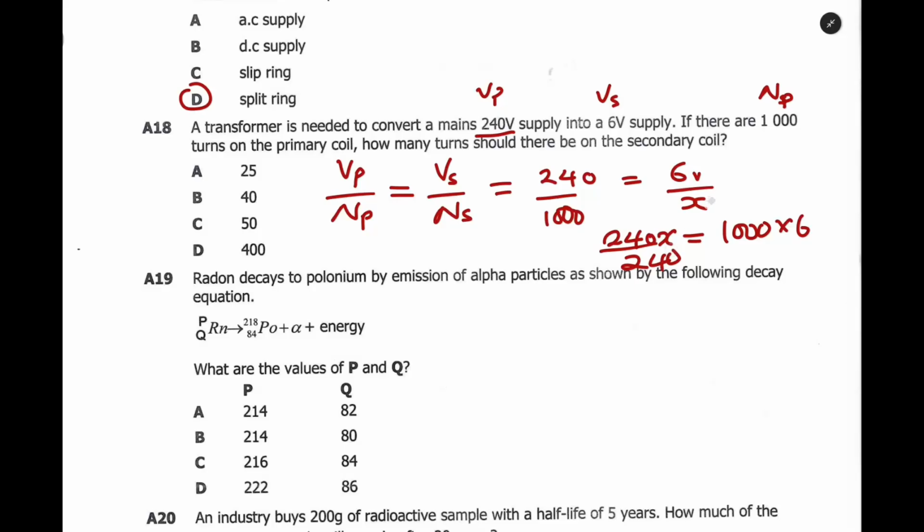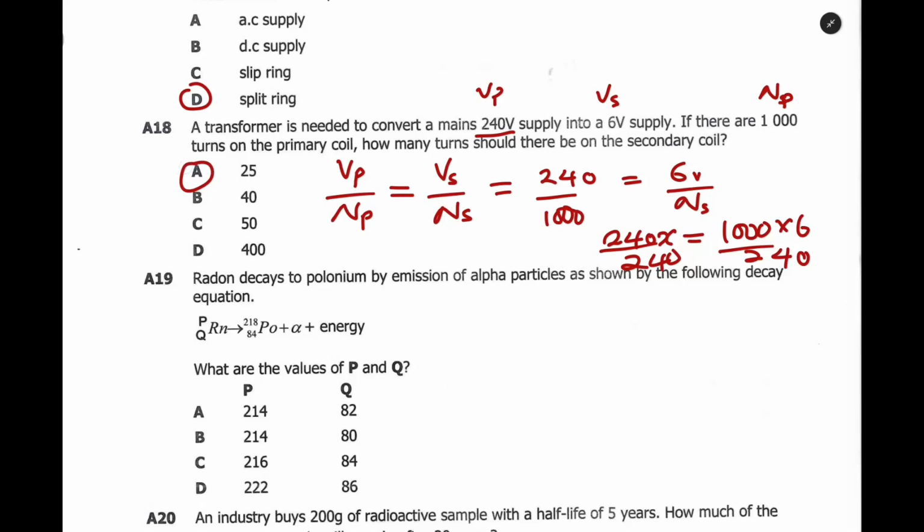So this is number of turns, please. Number of turns on the secondary. Divide by 240, divide by 240. So 1000 multiplied by 6 is 6000. Divide by 240. The answer is 25. So here the answer is A.